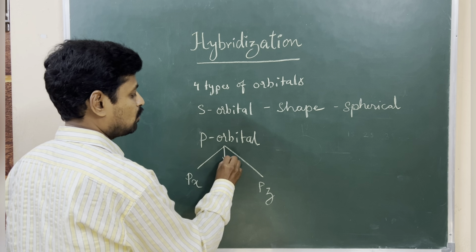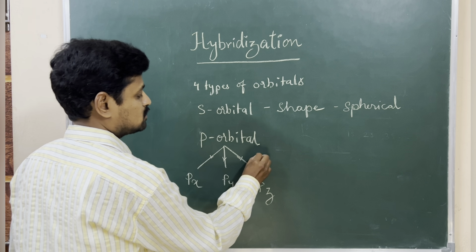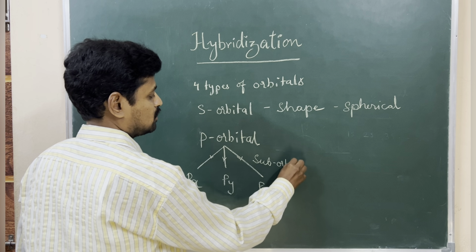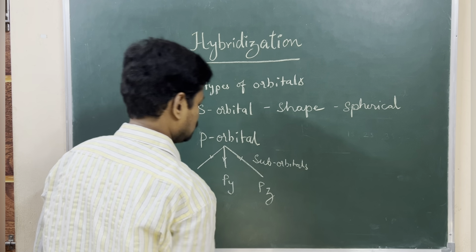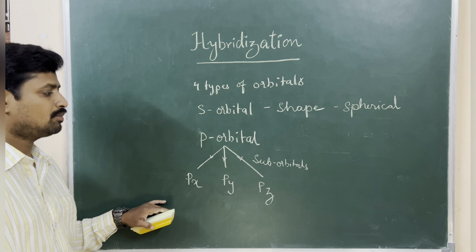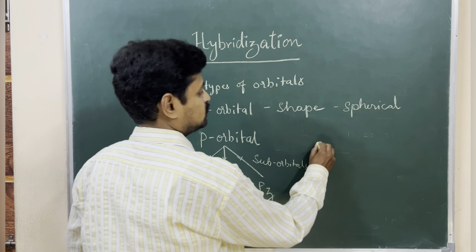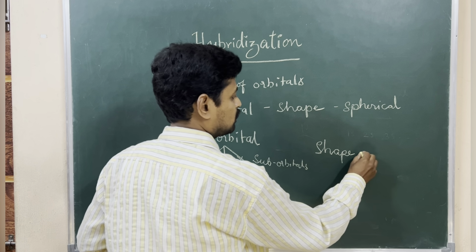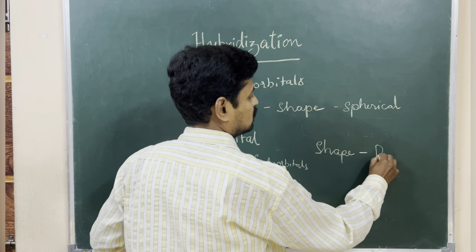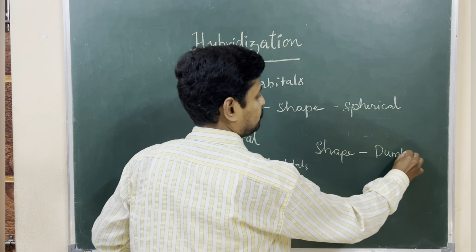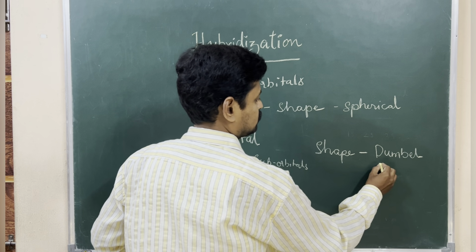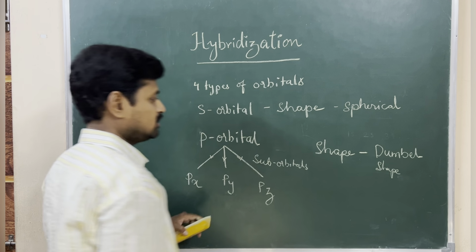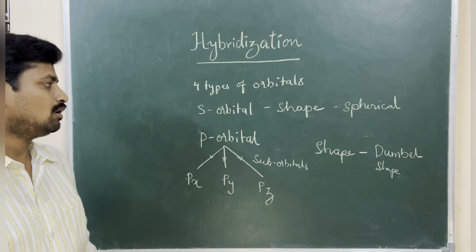These are called suborbitals. The shape of p orbitals is dumbbell shape. Let us see how p orbitals look.